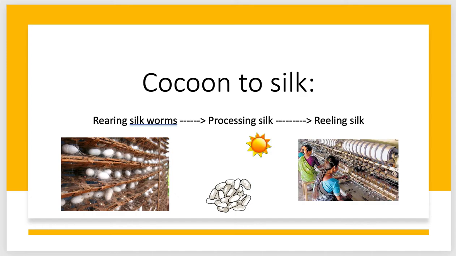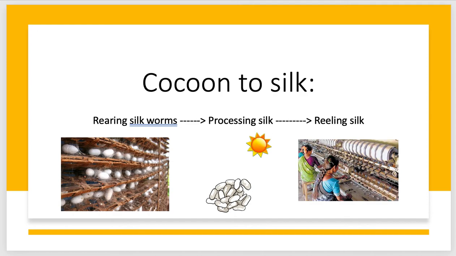So while rearing silkworms, what farmers do is that they store the eggs on cloth or paper, and they take care of these eggs. They keep them in hygienic conditions, that is clean conditions.